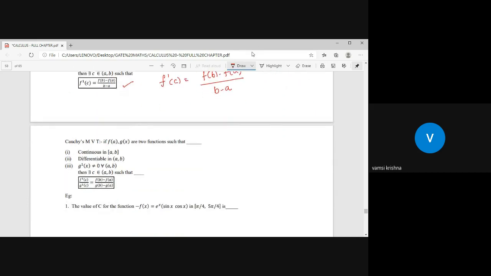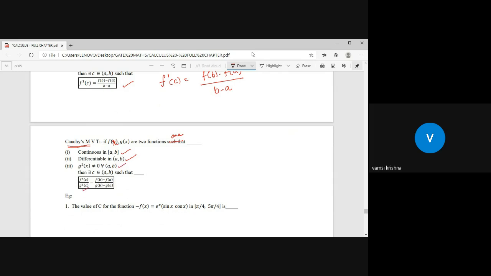Now the third statement. I have given three statements in one place so that it is easy for you to compare. I will solve problems later. Cauchy's mean value theorem. If f of x and g of x are two functions, continuous in ab, differentiable in ab, and moreover the denominator g dash of x is not equal to 0, because I will use g dash here.